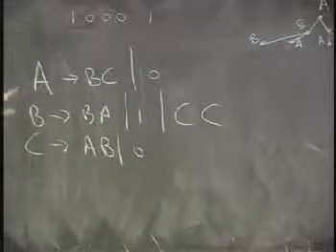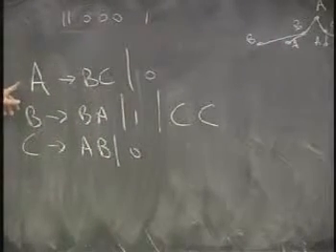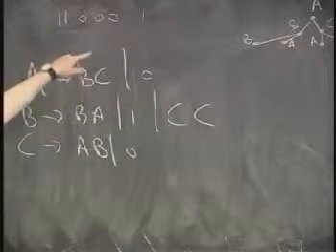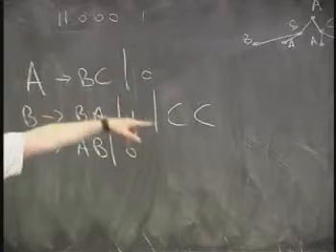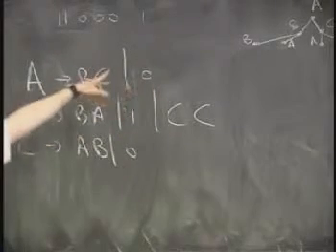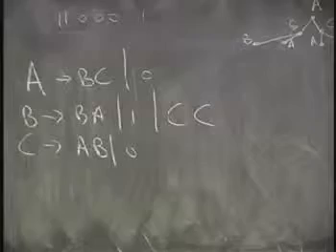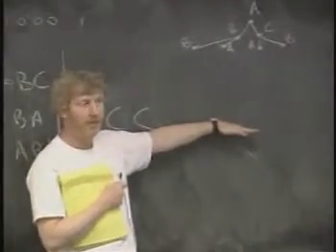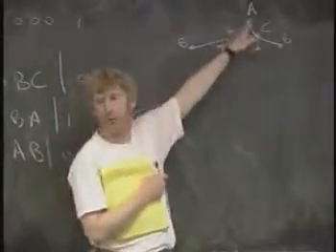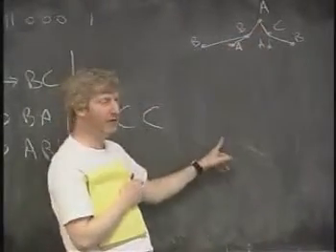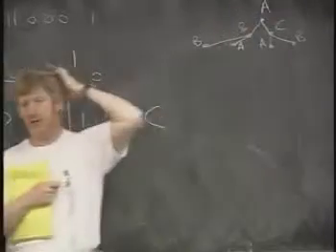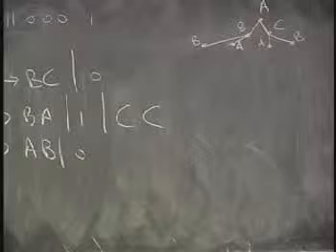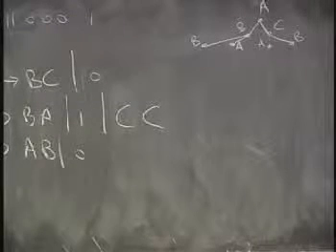When I'm all done, this grammar can generate that string. This is going to be the parse tree for that, and you're going to see the string along the leaves on the bottom, where they would always show up in the parse tree. Now, what you're going to find is that if you start at the bottom at one of these leaves and work your way back up to the root, there's a unique path from every leaf back up to the root. That path is going to be long enough so that one of these non-terminals, A, B, or C, is going to show up twice on that path.